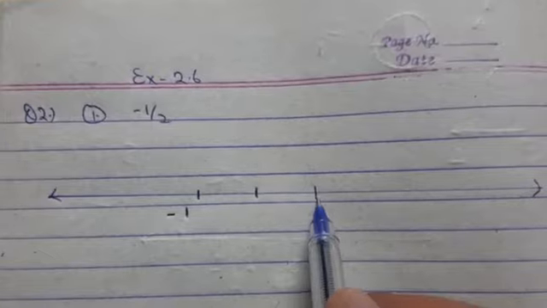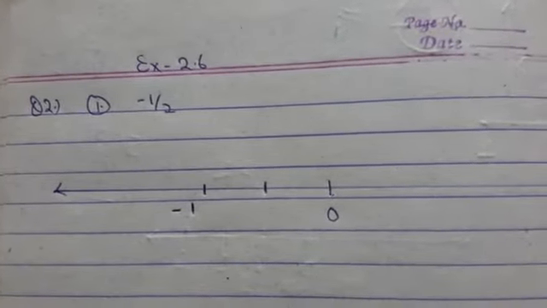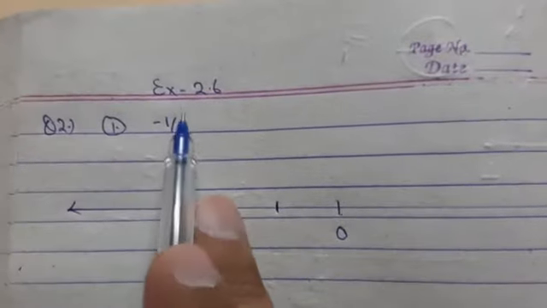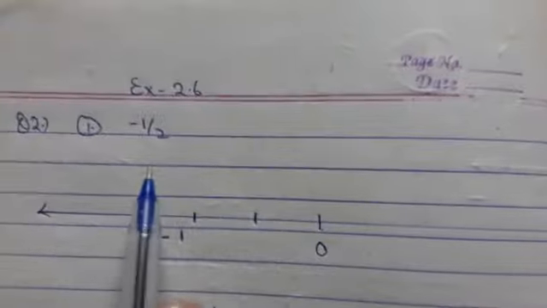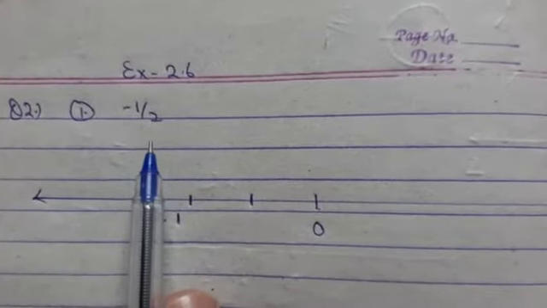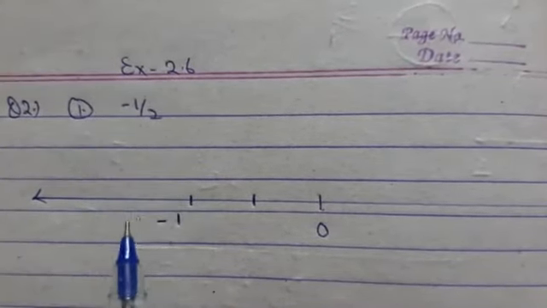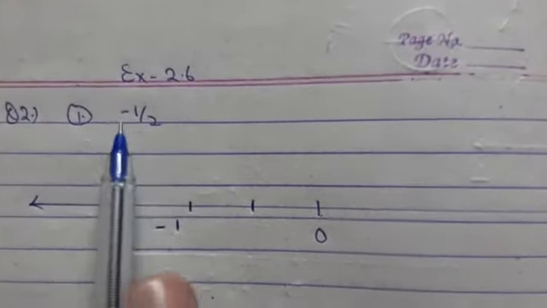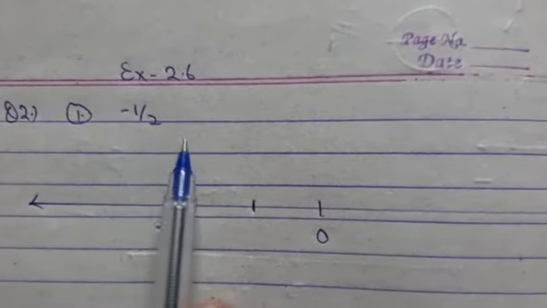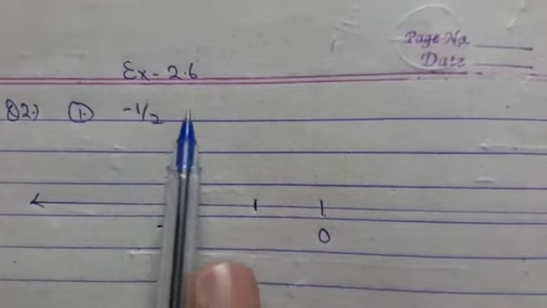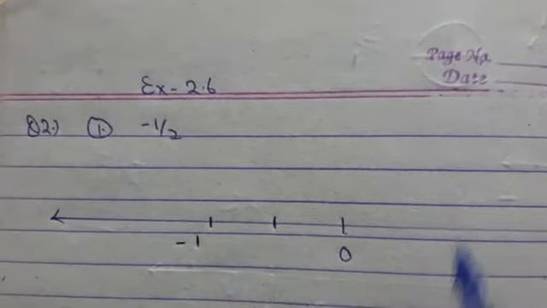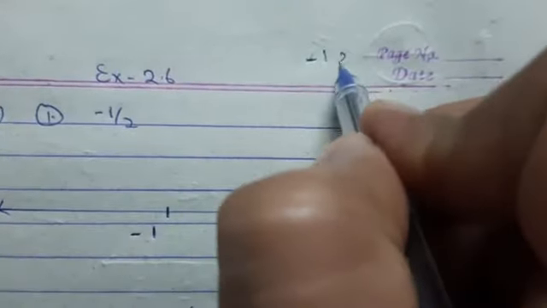Now question is asking minus 1 by 2. So between 0 and minus 1, I told you yesterday that first tell whether it is a proper fraction or an improper fraction. It is a proper fraction because value of numerator is less than the denominator. Now I told you that in case of proper fraction, when the rational number is of negative form, it will always lie between minus 1 and 0.